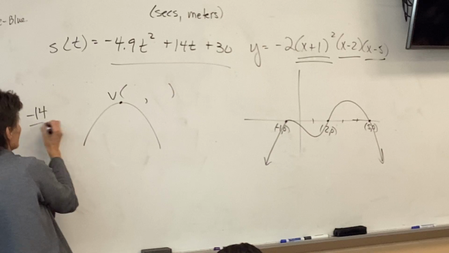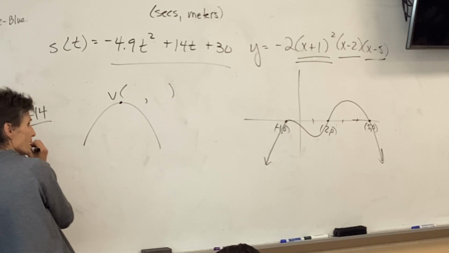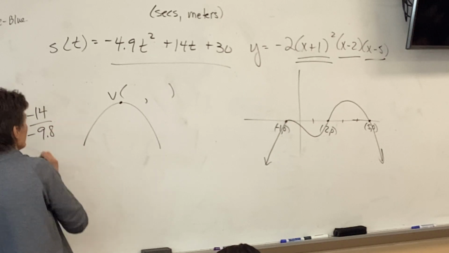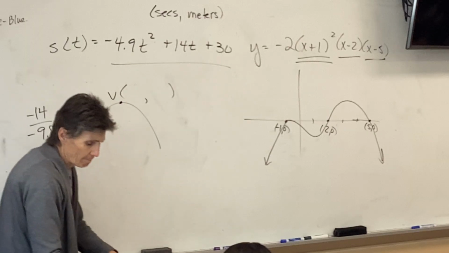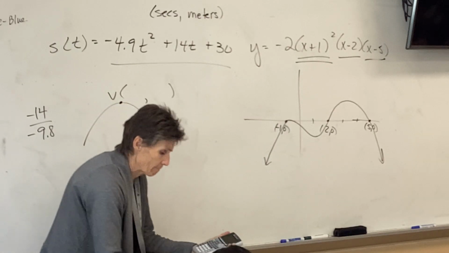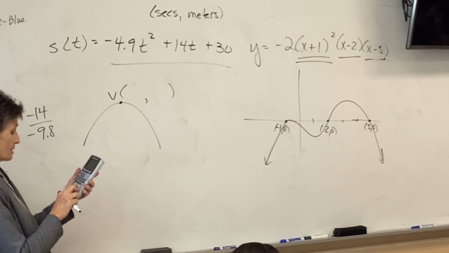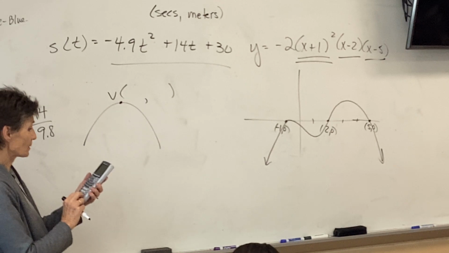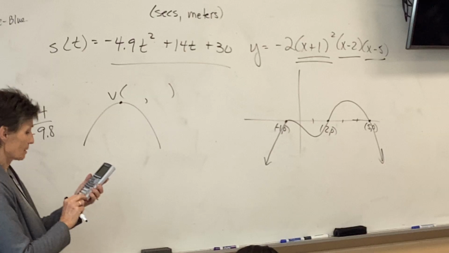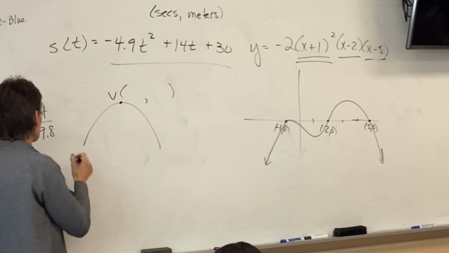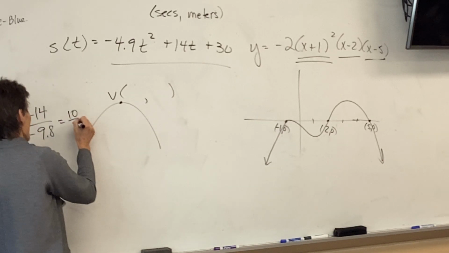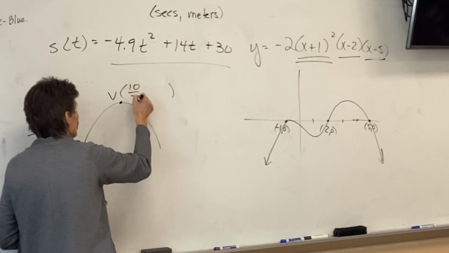Negative b over 2a. 9.8. Got the math over there. Let's see what we get. 10 over 7. That reduces to 10 over 7.